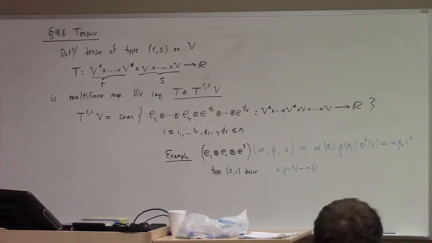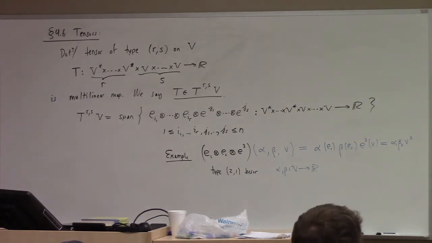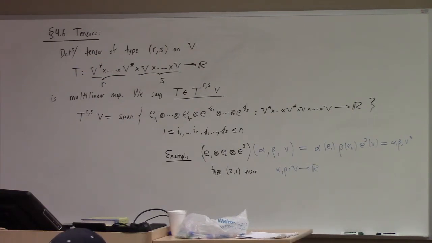The pullback of the tensor field S under phi, when it acts on alpha 1 through alpha r, and then vector fields x1 through xs, you do what you got to do.